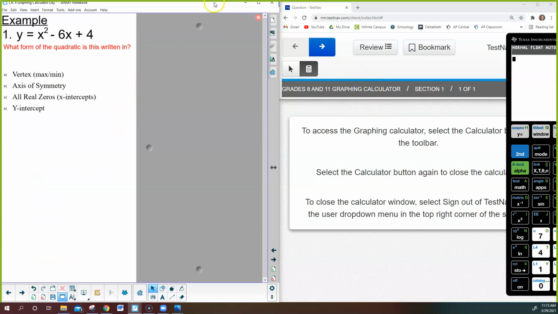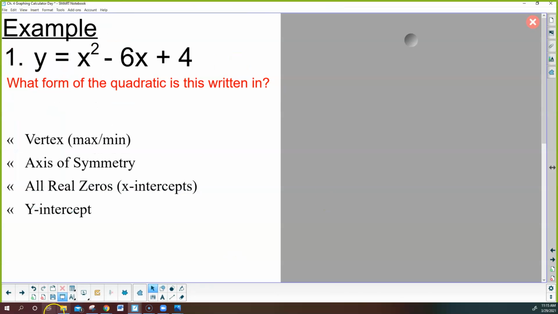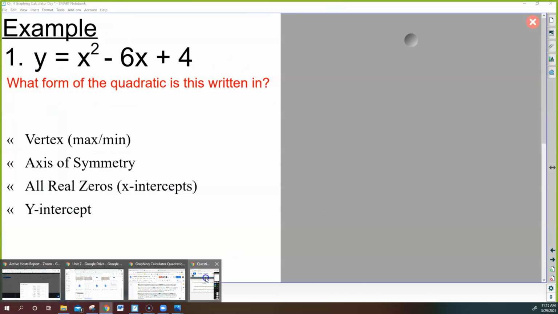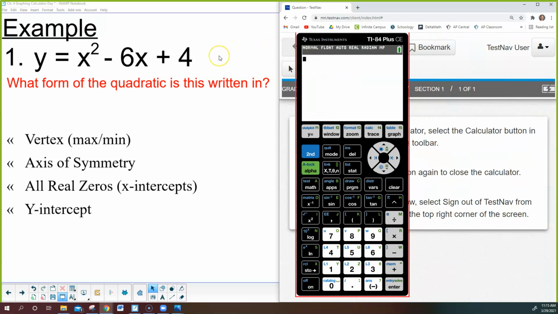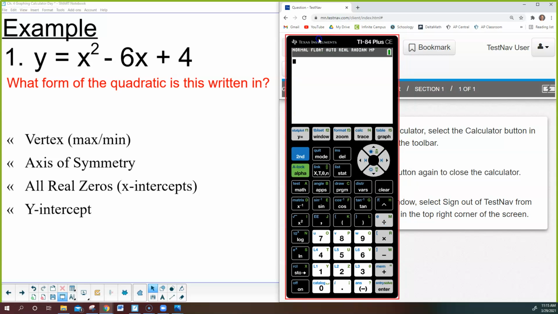My goal is to show your calculator, and if you have your own calculator on hand, you could do this. Otherwise, just pay attention. I don't think it's really easy for you guys to do the calculator app right now and follow along with me. And like I said, I'm making a video of this, so you can always go back and watch it.